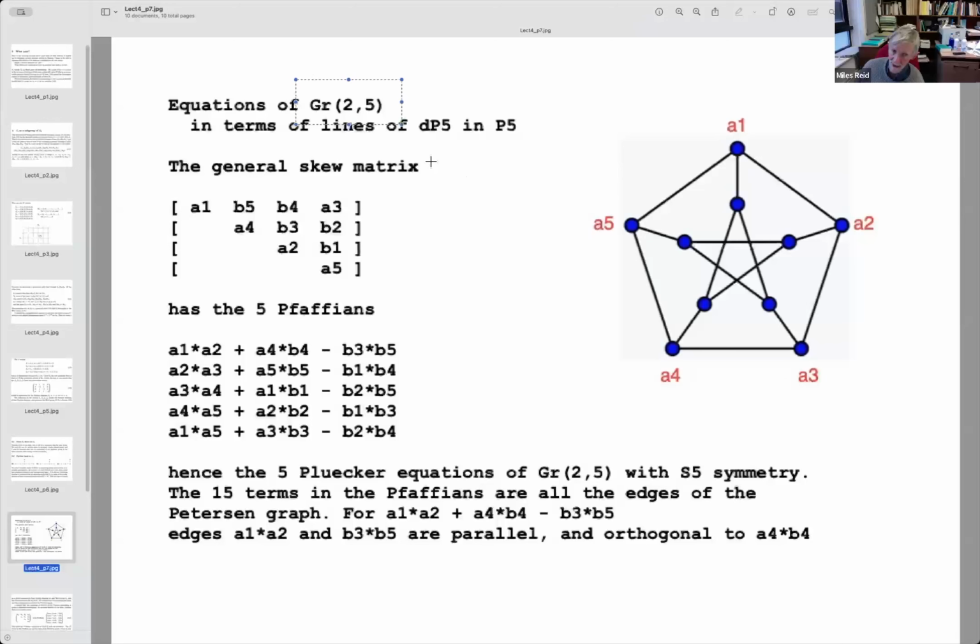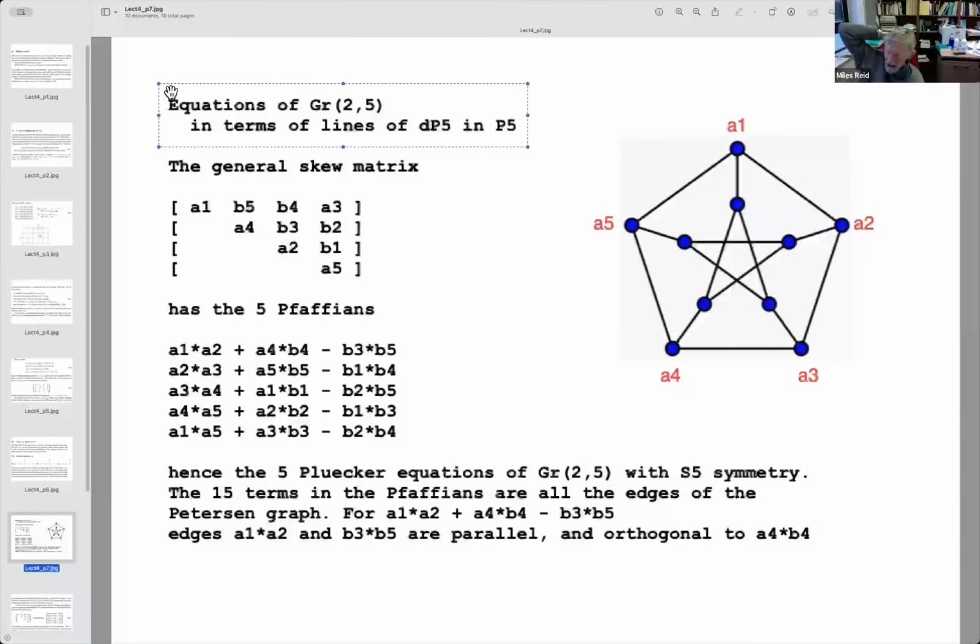Now I'm giving you a completely different way of thinking about this. The del Pezzo surface of degree 5 in P5 is what you get if you blow up 4 points in P2.